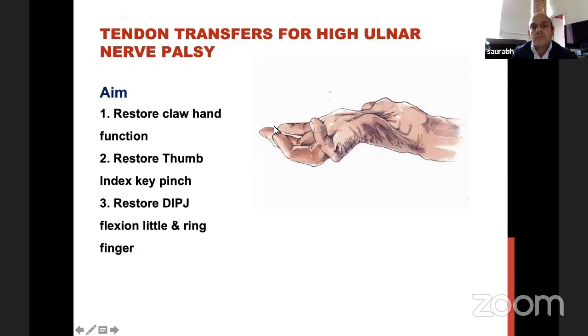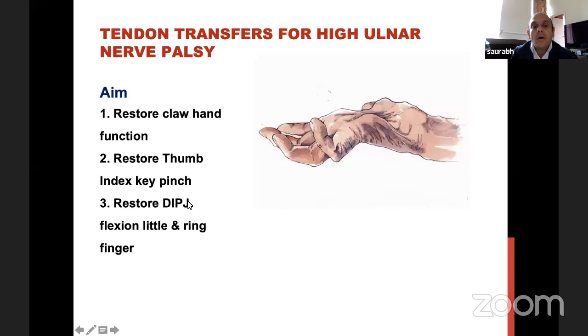Before we go to Guyon's canal, let's do the tendon transfers first. So importantly, we know clawing, we know why it happens now. So we need to restore the claw hand.